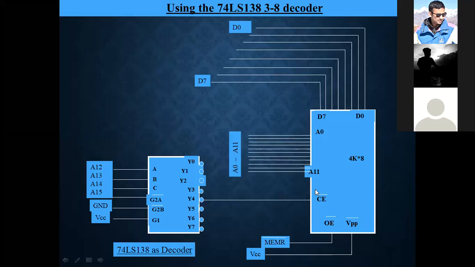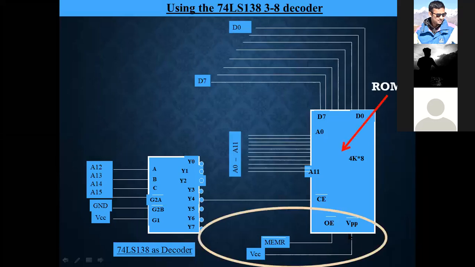Only read we can see. Yes, MEMR. You can see this read only is there, no write option is there. So obviously in ROM, read only memory, we can only read this memory block. So for this we will see how the interfacing is done.